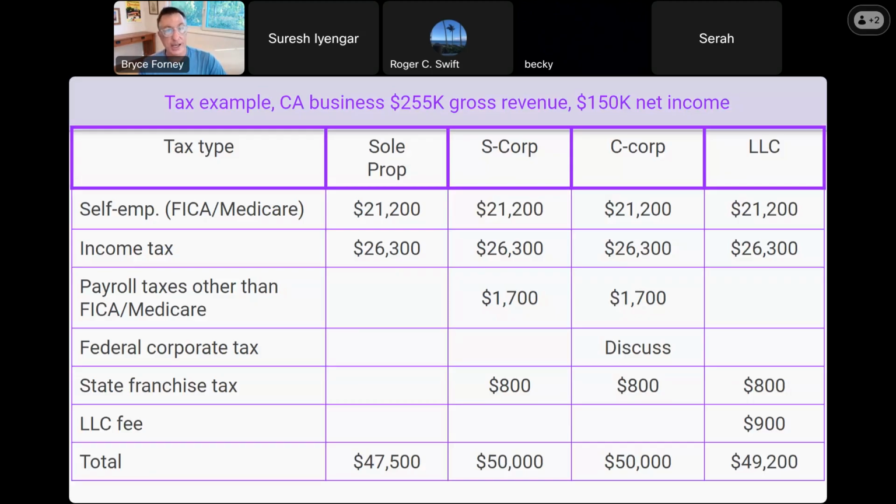So because that's the common scenario, you're going to have some cost to the preparation of the S Corp tax return, separate from your individual tax return, or the C Corp tax return, or the LLC, which may just be a state form.